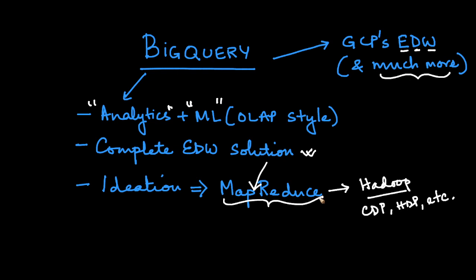In a very simple nutshell, a MapReduce program is composed of two things. One is the map and the other is the reduce, right? Going by the name, the map process performs filtering and sorting, and the reduce portion performs a summary operation.